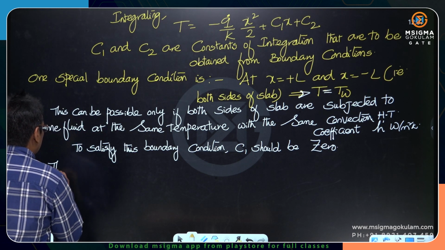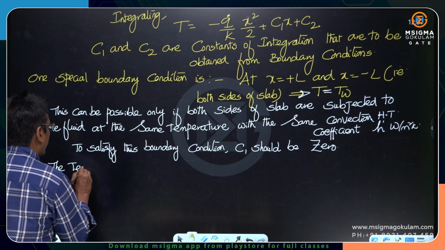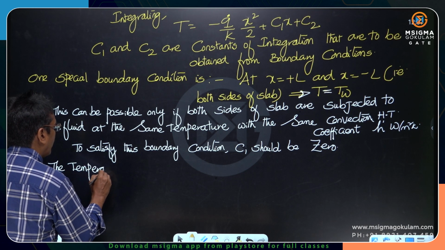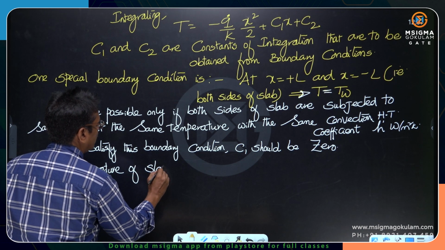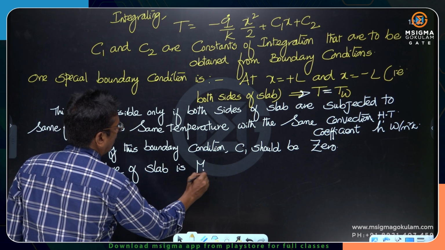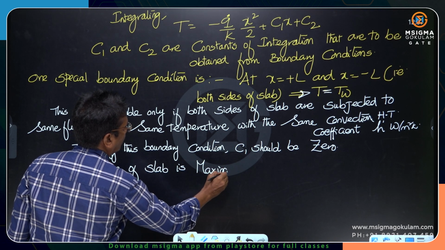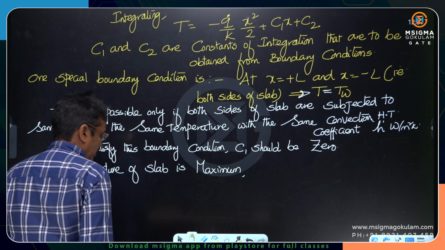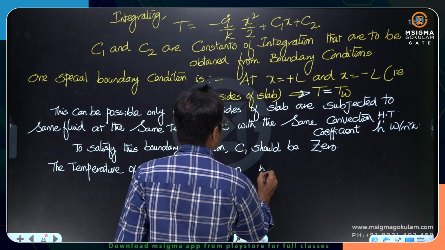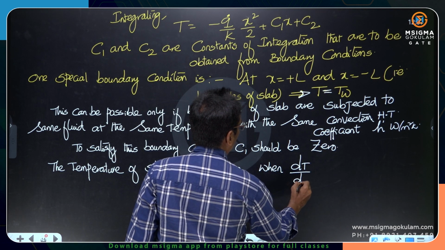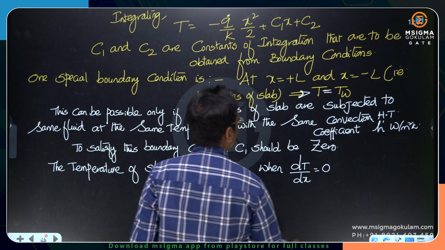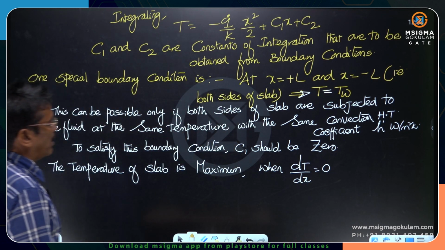The temperature of the slab is maximum when dt by dx is 0, because T is a function of x. Only when dt by dx is 0, the temperature of the slab is maximum.